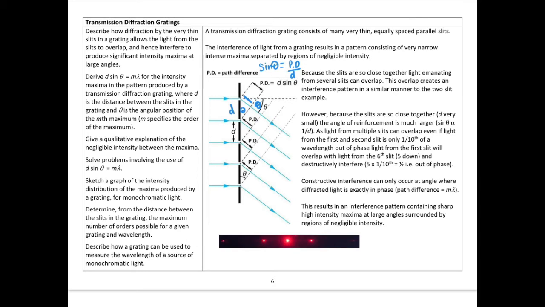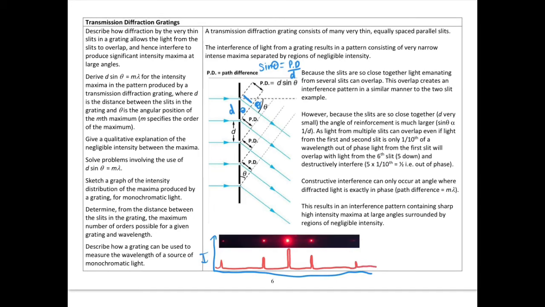Sketch a graph of the intensity distribution of the maxima produced by a grating from monochromatic light. Pretty simple. If we have intensity here and we have our pattern going across here, low intensity, we get a little spike there, then zero, low, low, low, a bit bigger spike, come across, the biggest one in the middle, then back to not much at all, a little one there, the same size as the one on the other side, and then there is a little one there, like that.